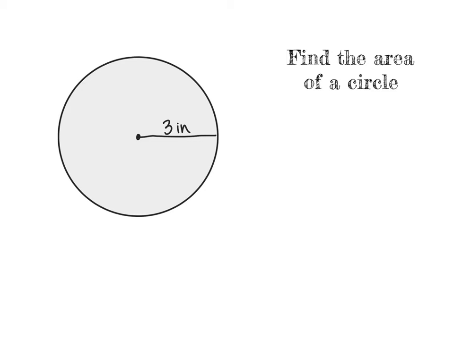Okay, let's get started. Our question here is to find the area of a circle. So let's remind ourselves, area is equal to pi times my radius squared. What do I know about this circle? Well, I know this circle has a radius that's equal to 3 inches. So let's go ahead and plug 3, which is my radius, in for the radius and solve for the area here.